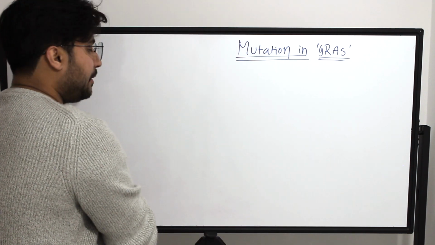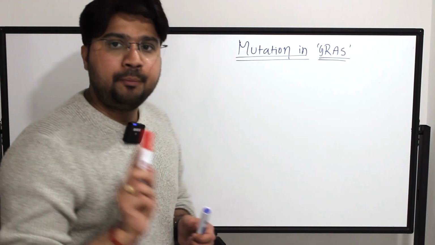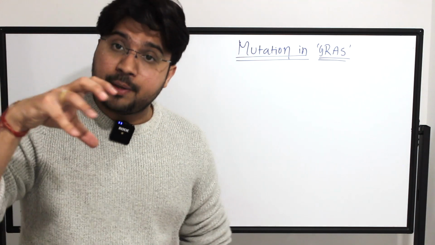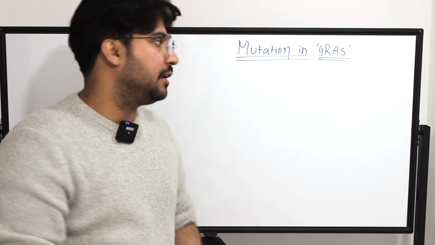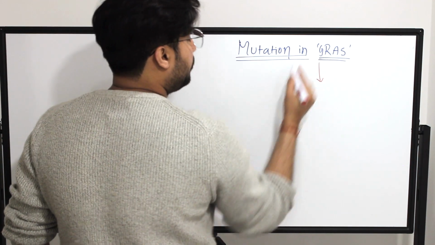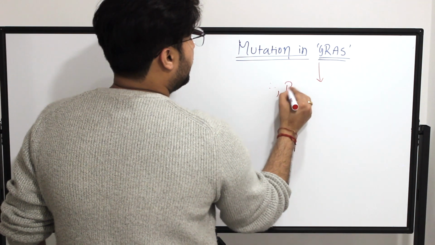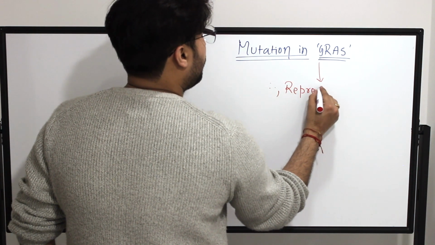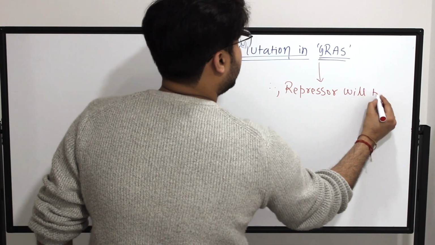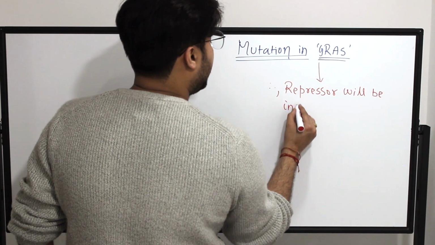That domain was actually shutting down the activator. So if the GRAS domain is mutated, the repressor will not be able to shut down signaling. The repressor will be inactive.